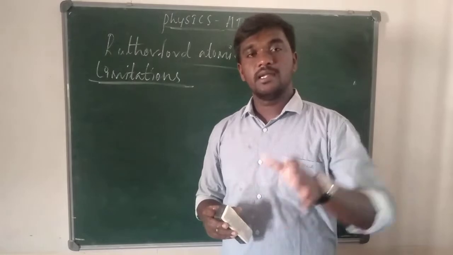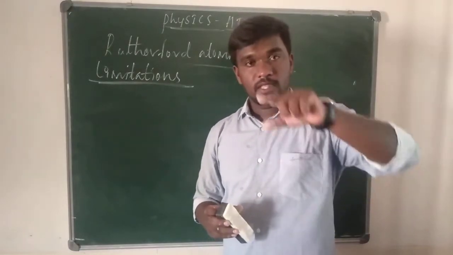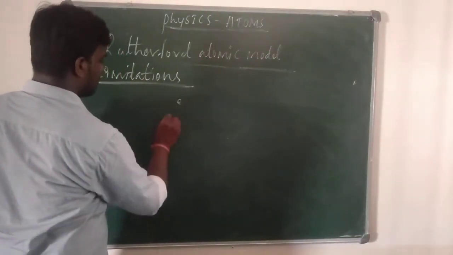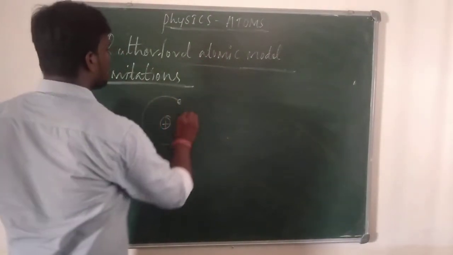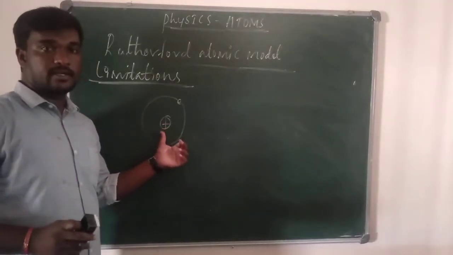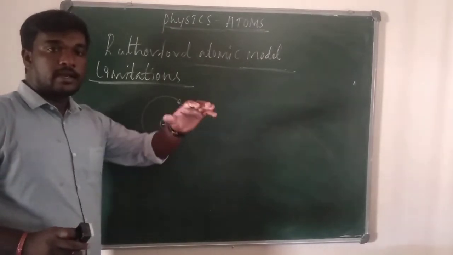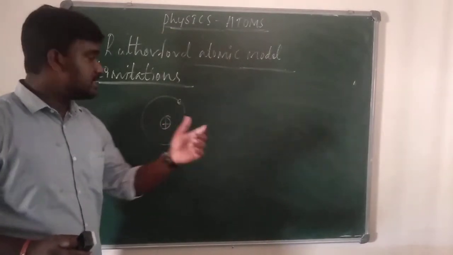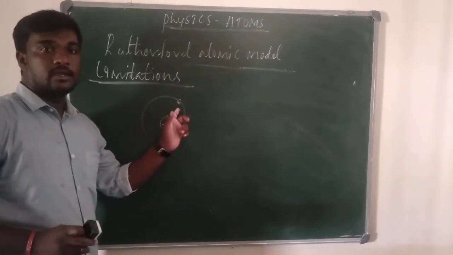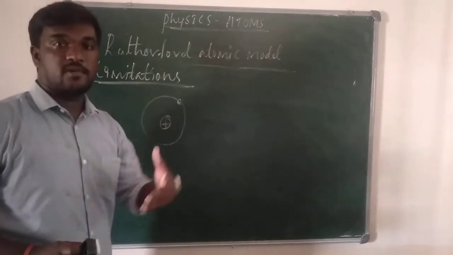According to the classical electromagnetic theory, when the electron revolves around the nucleus, it radiates energy in the form of electromagnetic waves.